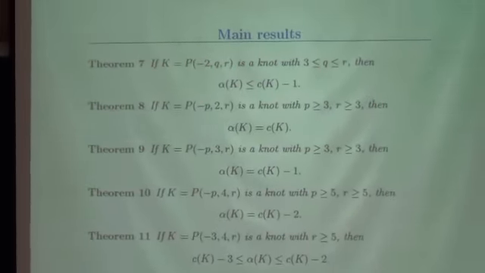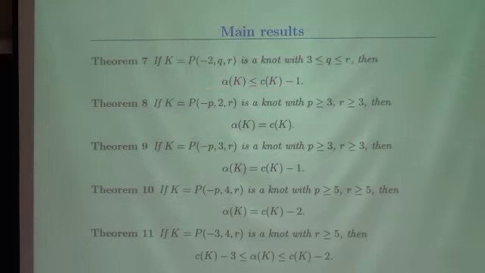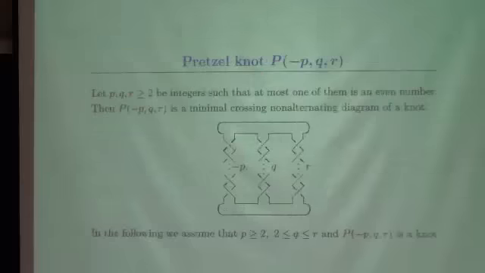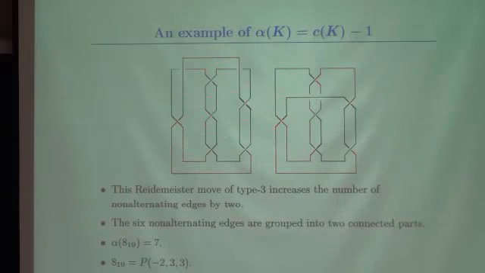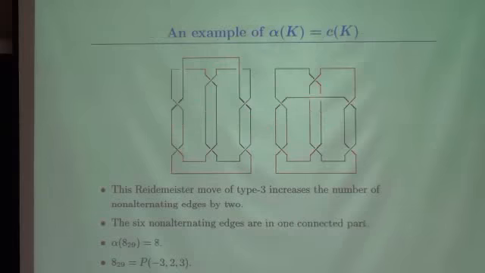So in this case the deficiency is at least 3. So alpha K is less than or equal to CK minus 1. So this is one of the examples.